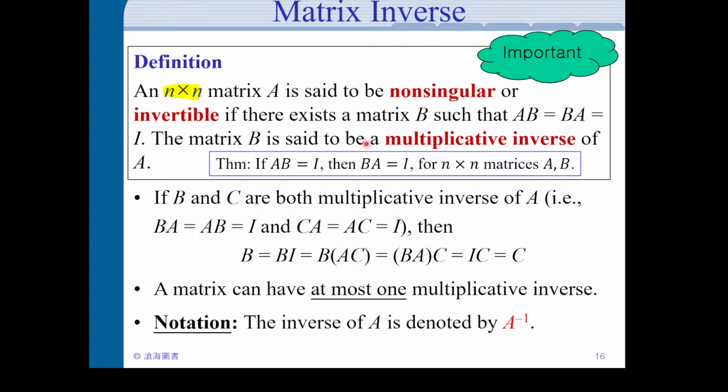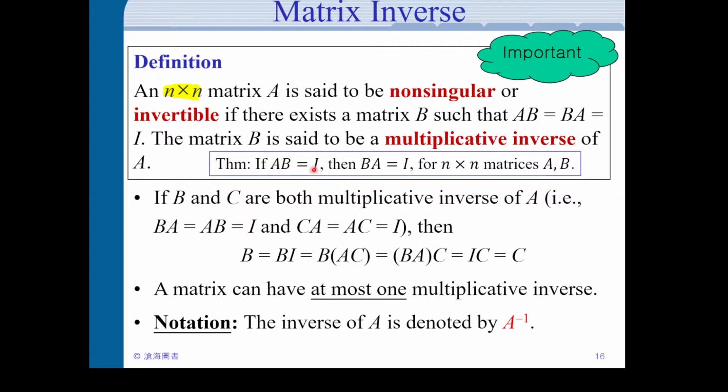We also have a definition here where we smuggle in a bit of a theorem. Remember, we said before that AB doesn't always equal BA. But in this definition, AB always equals BA if B is a matrix inverse. This is actually a theorem that is not so easy to prove; you need to spend some effort on it.